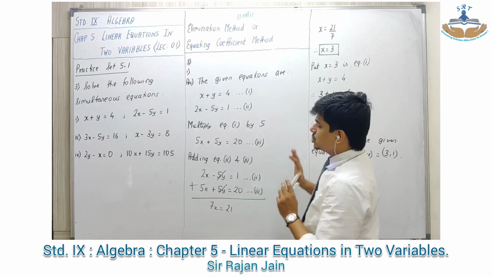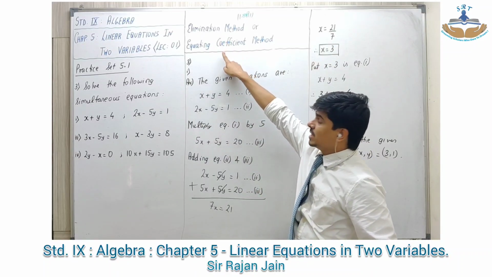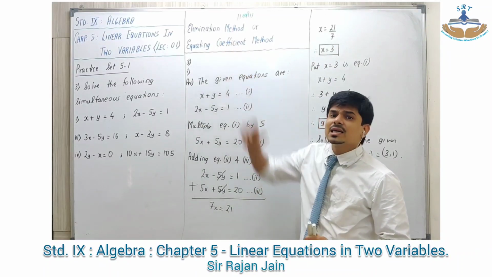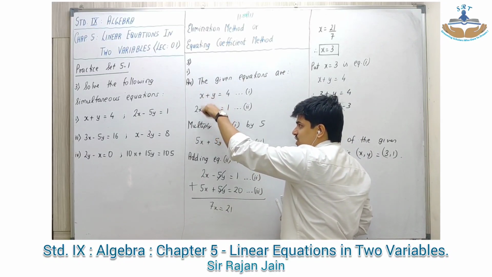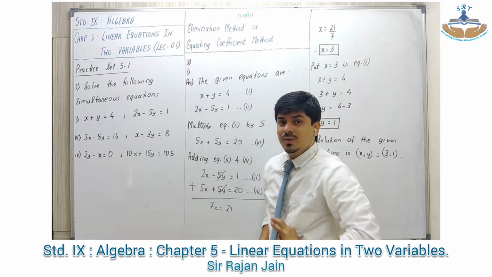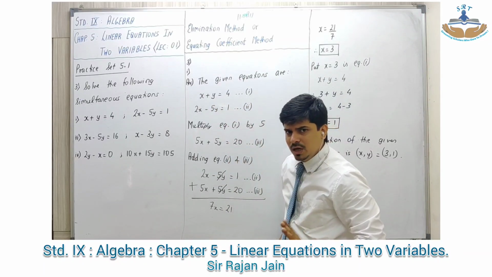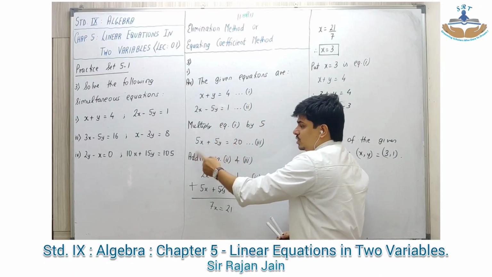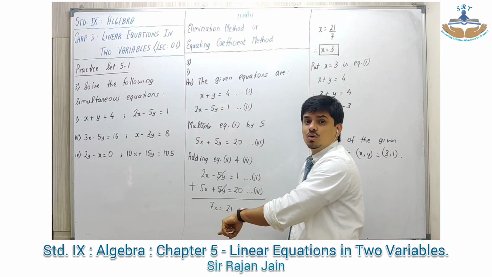Okay, I hope you have understood why this method is called as elimination method or equating coefficient method. क्या करते basically ये method में? Either x या y का coefficient equate करते. To equate, what do I use? I multiply the equation on both sides by some number. Once it is equated, you will add or subtract the equation to eliminate that coefficient.